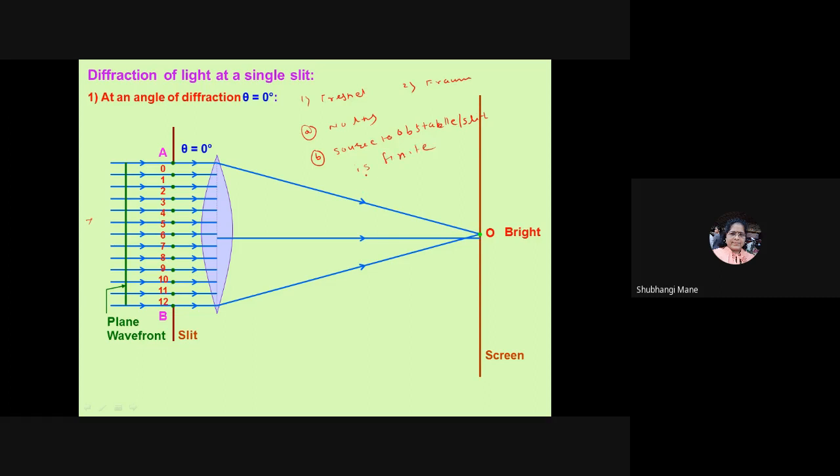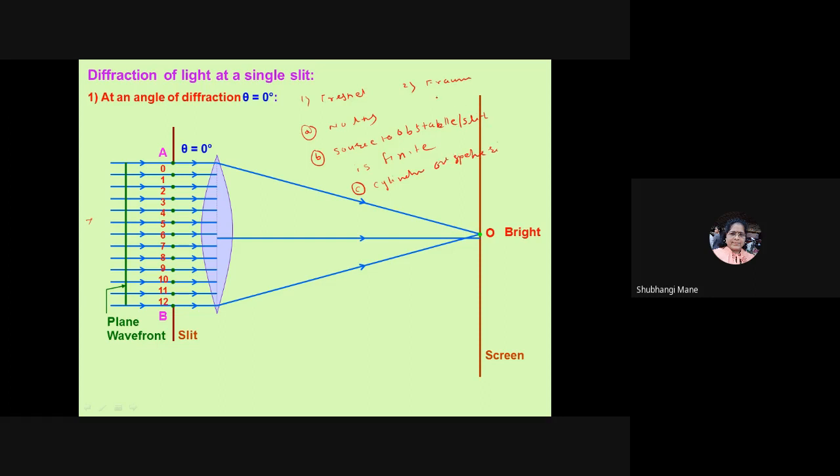And third difference, which wavefront, cylindrical wavefront or spherical wavefront, is to be used.